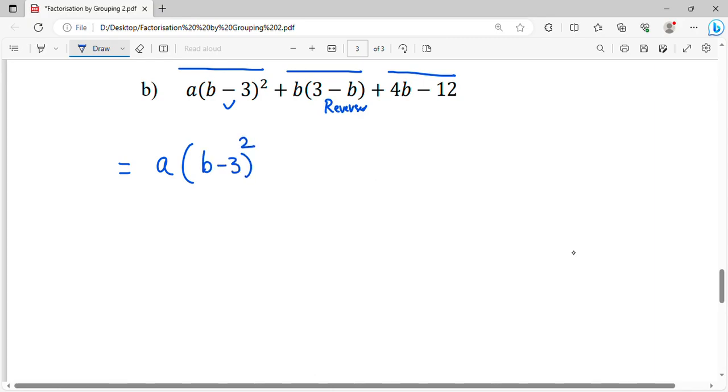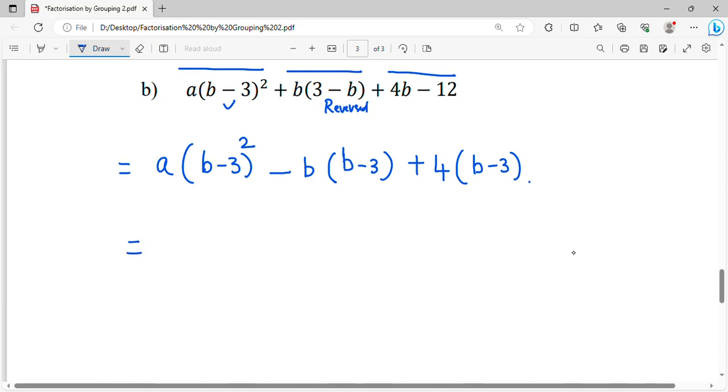This becomes minus b. I'm not going to put a 1 because there's already a coefficient here, so it's understood. And this becomes (b minus 3), and here you will have plus 4 multiplied by (b minus 3). Your job is done.